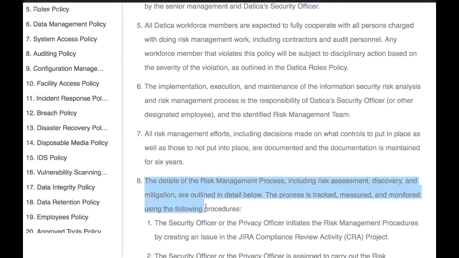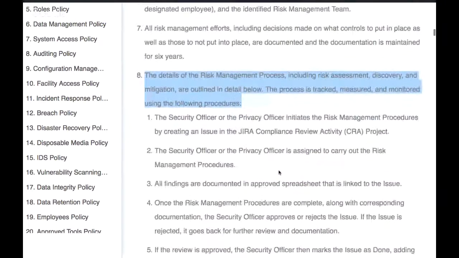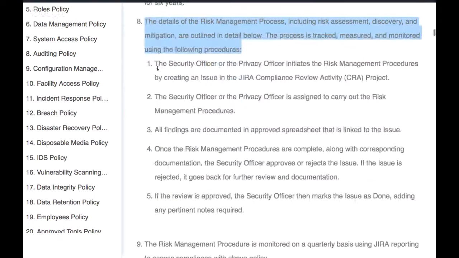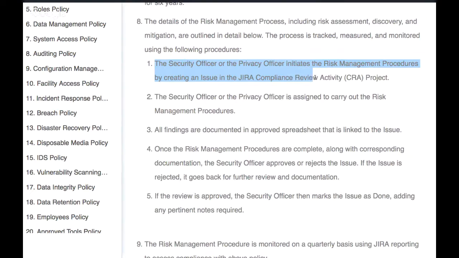The details of risk management process, including risk assessment, discovery, and mitigation, are outlined in detail below. The process is tracked, measured, and monitored using the following procedures. The security officer or privacy officer initiates the risk management procedures by creating an issue in the JIRA Compliance Review Activity Project.